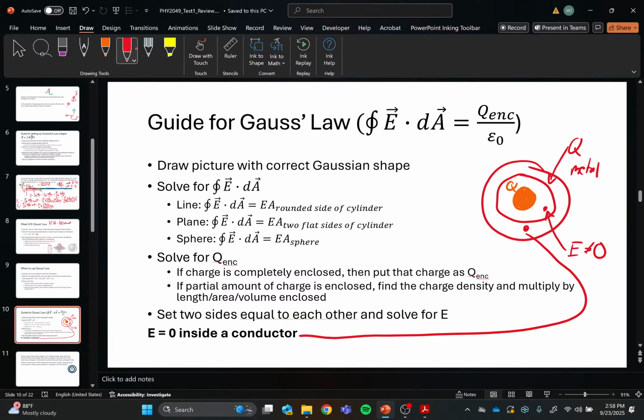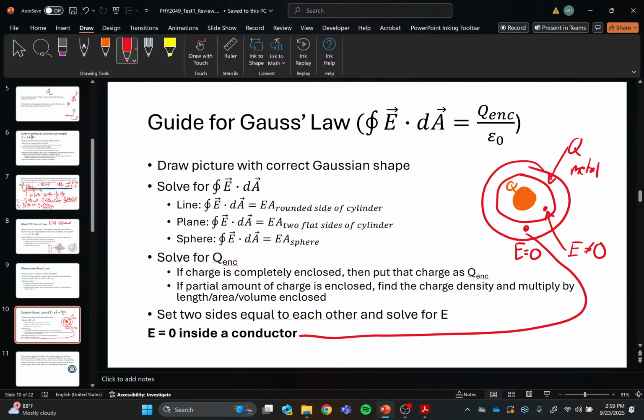If you are physically in the metal, if I say find the field inside that object, that's where it's 0. And if you're like, why is the field not 0 inside? Well, do some problems and find out. We'll practice Gauss's law now. The quick answer is if I drew a Gaussian surface, my Q enclosed would be Q, not 0.